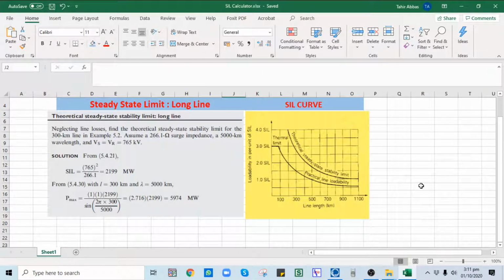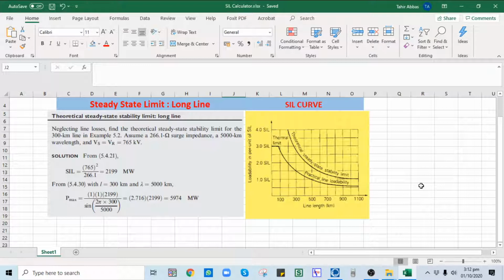Here is the data of a transmission line. So we have a transmission line of 300 kilometer length with the surge impedance of 266.1 ohm and the wavelength of a transmission line is, basically the wavelength is 5000 kilometer, and the sending and receiving end voltage should be constant, that is 765 kV.